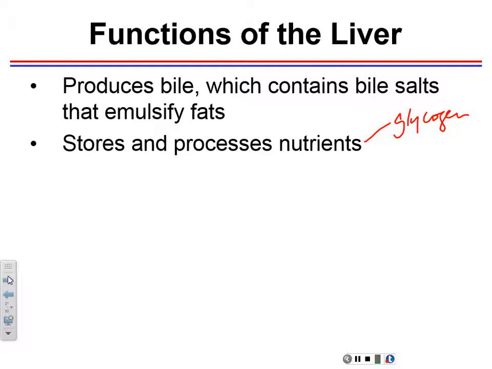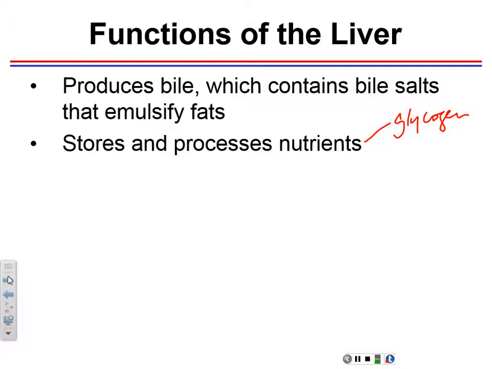And you might eat nutrients in certain ratios. Maybe you've eaten a protein that has certain kinds of amino acids, and maybe you need a different kind of amino acid. So what's the liver going to do? It's going to change that amino acid into the proportions that the body will need.